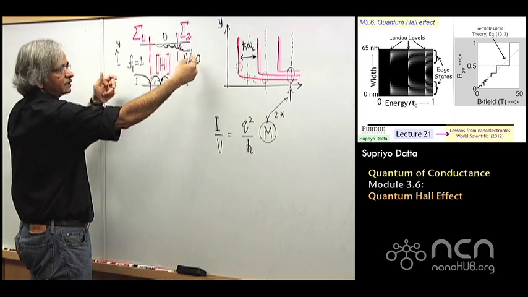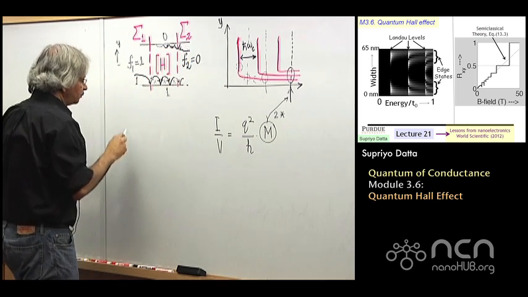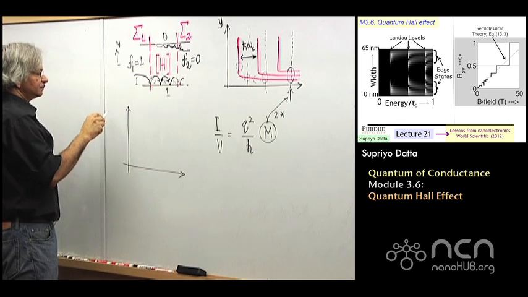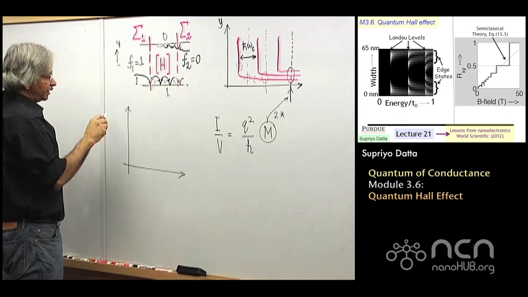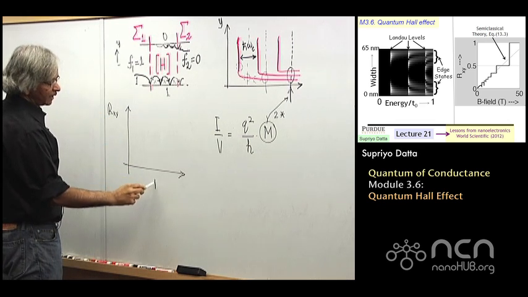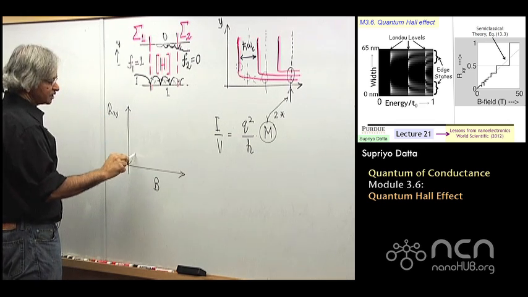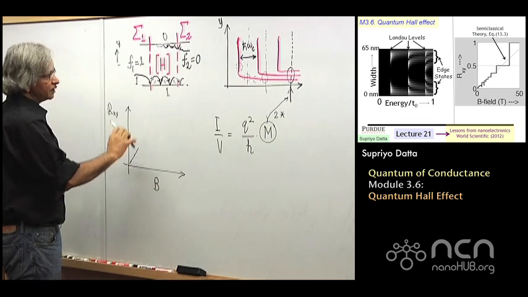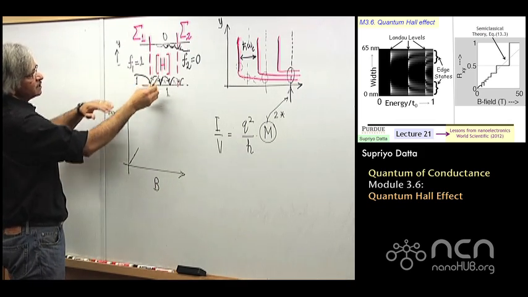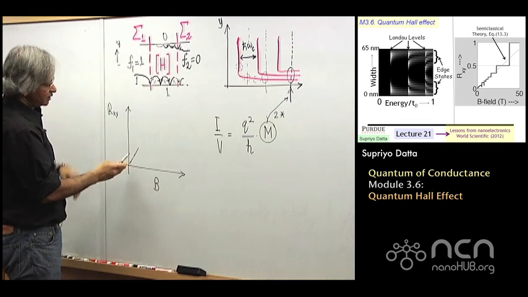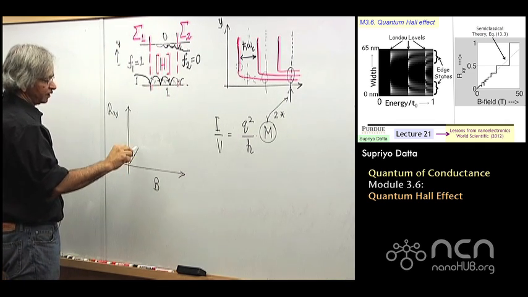And so when you plot the Hall voltage divided by current, which is what you call the Hall resistance, as a function of magnetic field, at first it starts out linear. That's the low field Hall effect. That is, when you have small magnetic fields, there is a little bit of a potential difference, which increases linearly with magnetic field.